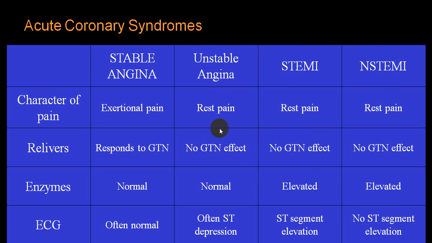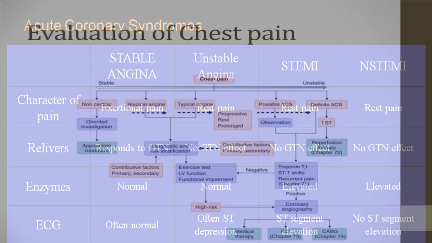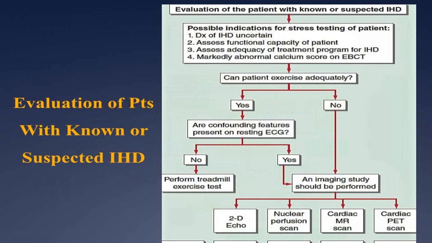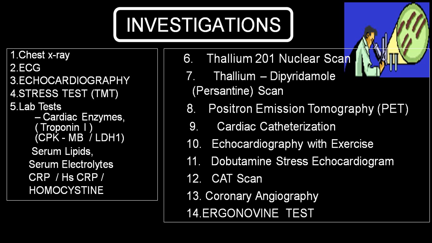Means pain will not be relieved by rest or by nitroglycerin. We are not going into detail at present. This is how you approach any person with chest pain. We have already discussed it in the chest pain chapter. So this is how you approach when you suspect an ischemic heart disease.